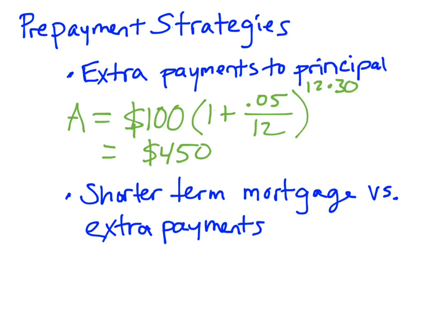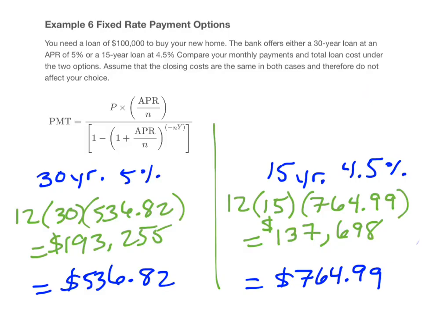A second option is to just choose the shorter term mortgage, versus making those extra payments. So we saw if that's the case, if you choose this 15-year mortgage, then you're still saving quite a bit, more so than if you did the 30-year mortgage. However, the disadvantage of this is that you are locked into this higher monthly amount.